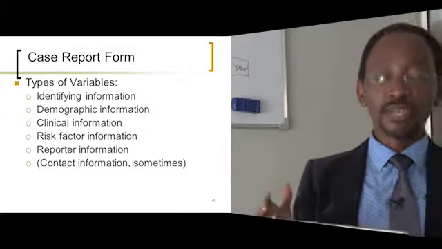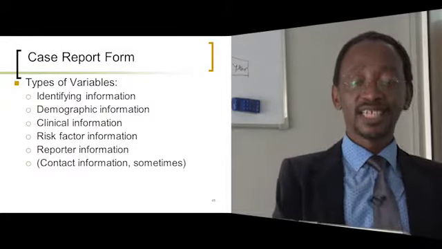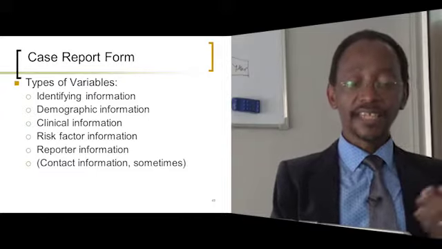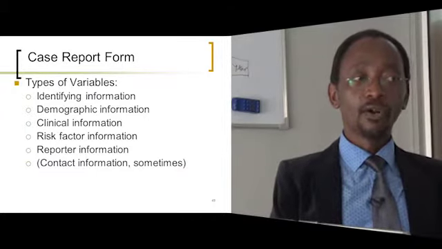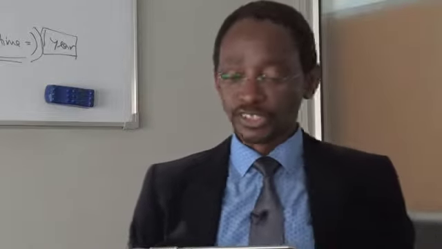Then reporter information, who is reporting? And then sometimes we put the contact information. Either their own contact or the contact of their significant other, so that we can quickly communicate whatever is happening with the patient, but also we try to find the cases, we try to track those who were exposed to the infected person.